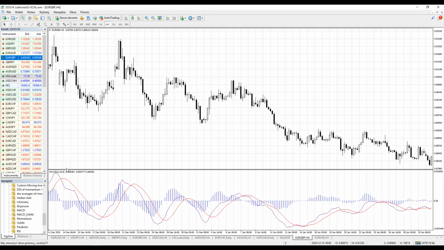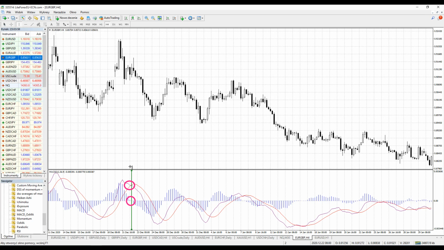Let's see where we do have the crosses, for example, right over here, a downside move when it comes to the cross line. In that case, we also have the histogram crossing the zero line, right?